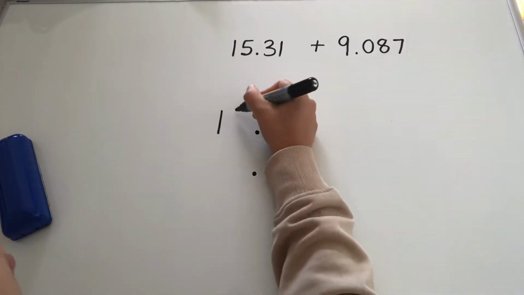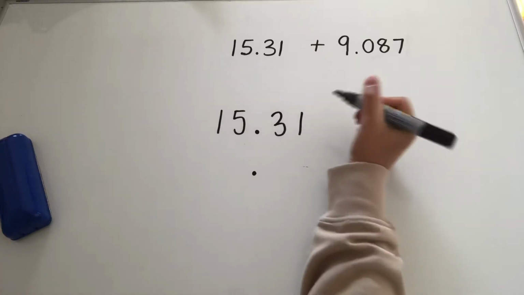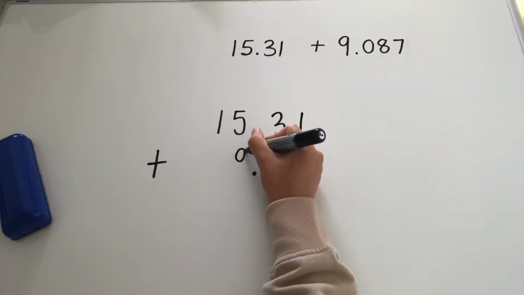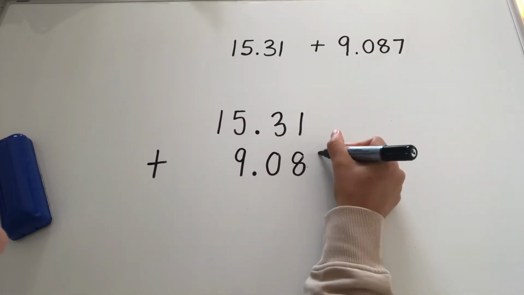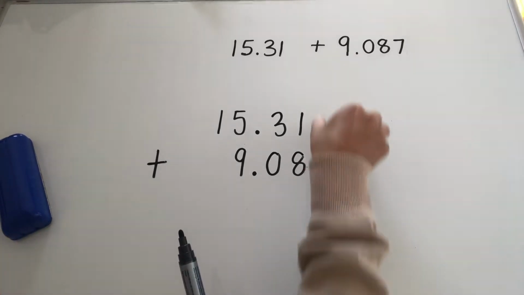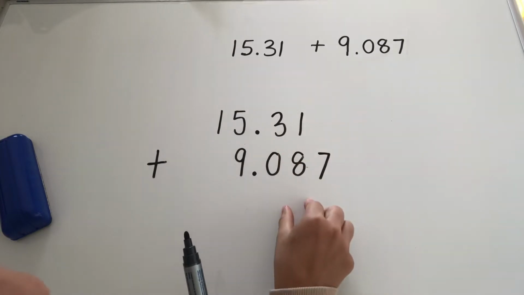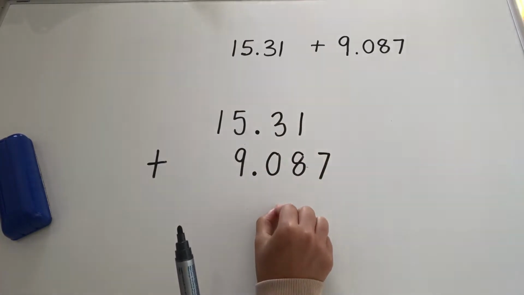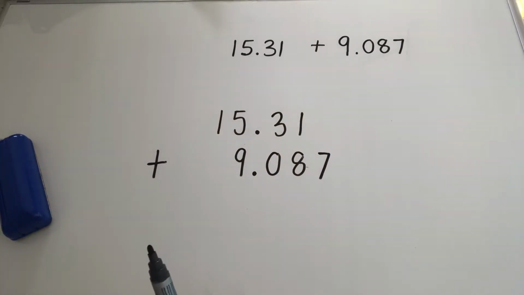So I would have 15.31 add, so I've got 9.087. So now our thousandths column is lined up, our hundredths column is lined up, our tenths column is lined up, and then our ones column and our tens column is lined up.